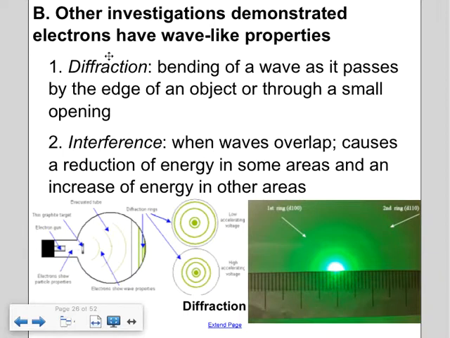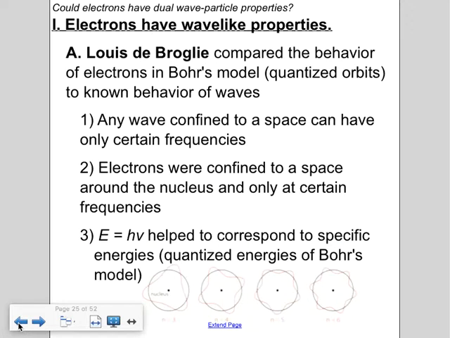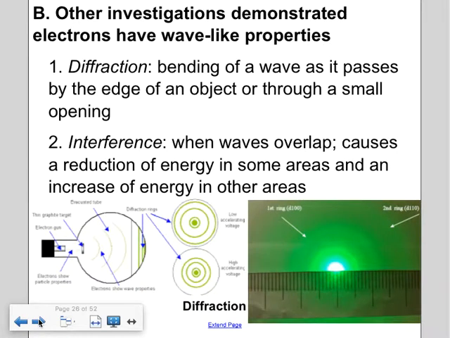That's diffraction. It's going through a small opening, and you see the first ring, and then a ring here, and there's a ring over here. It's very similar to this diagram right here.